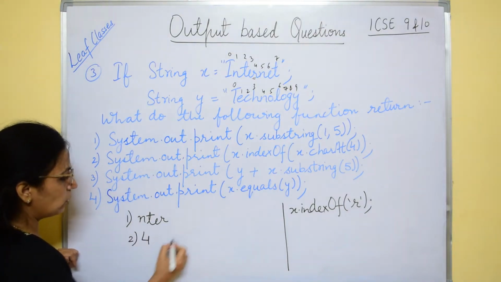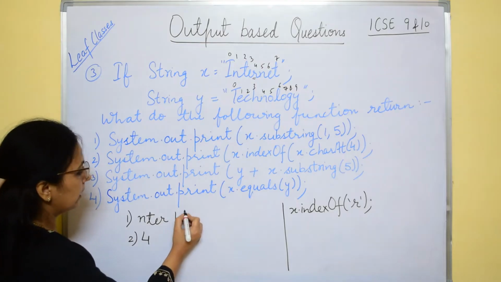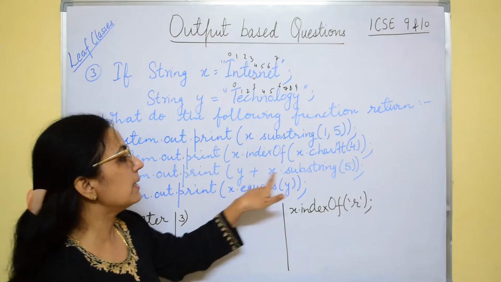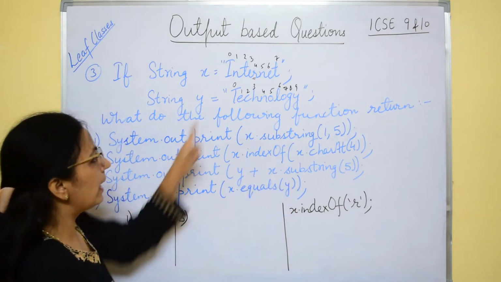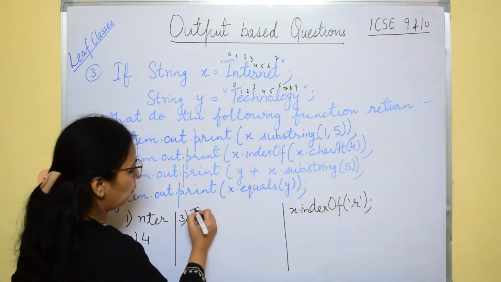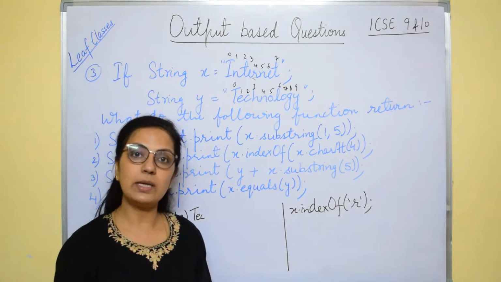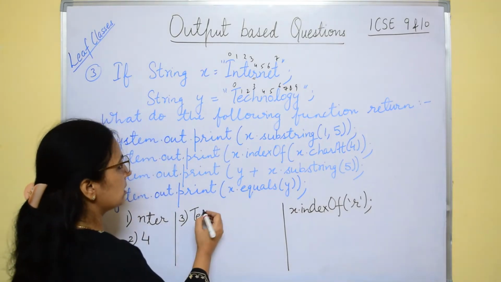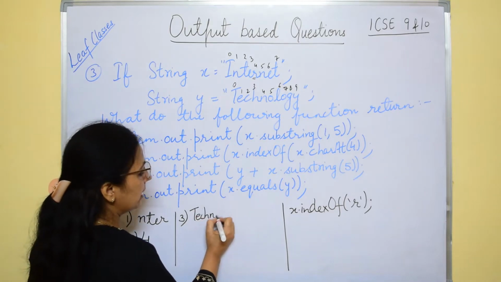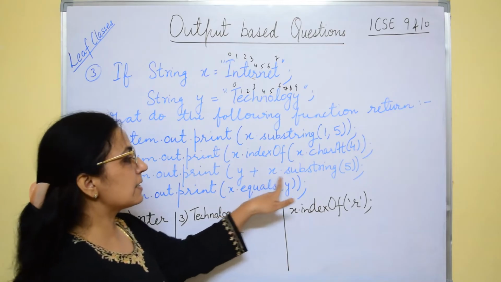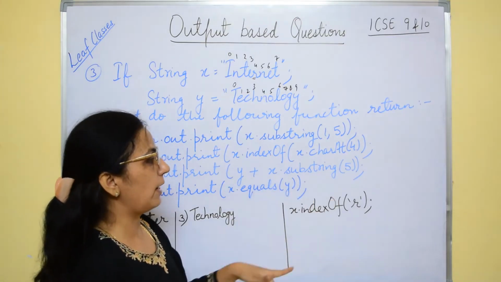Then we move on to the third one. Third says system.out.print y plus this. So y is technology. So we write as it is. If any letter is in capital, we write that in capital. If it is small, in small you will write technology plus x.substring(5).